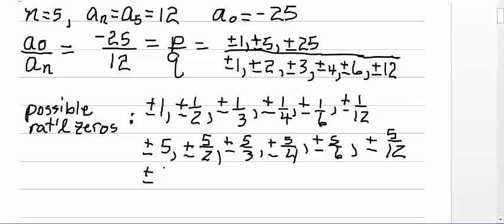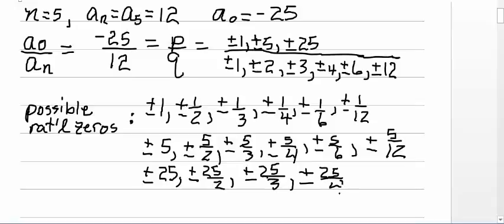And then when we put the 25 over all of the possible denominators, we get plus or minus 25, plus or minus 25 over 2, plus or minus 25 over 3, plus or minus 25 over 4, plus or minus 25 over 6, plus or minus 25 over 12.